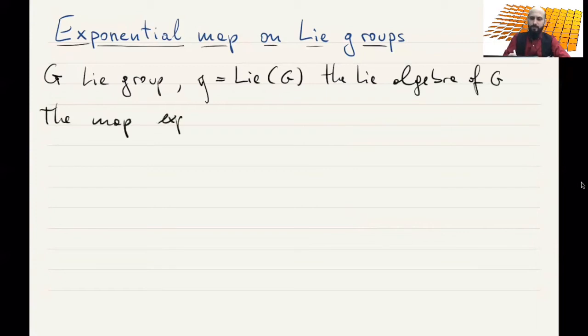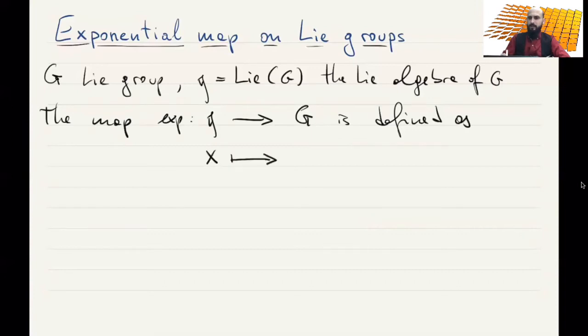The map exp from the Lie algebra to the group G is defined as follows. An element x in the Lie algebra goes to what we call exp of x, which is defined in the following way.